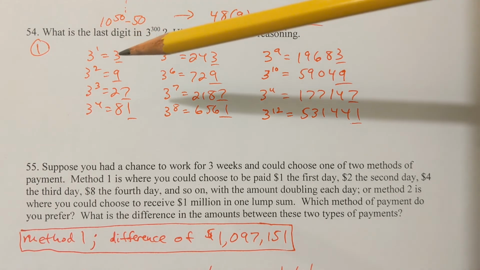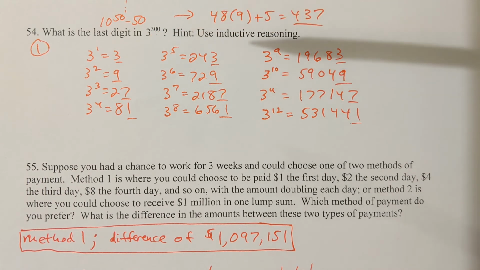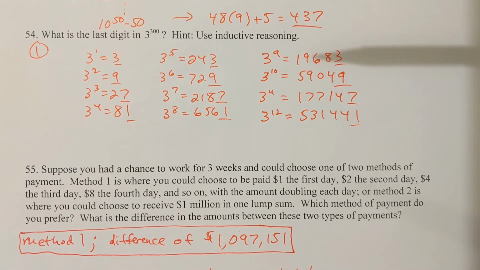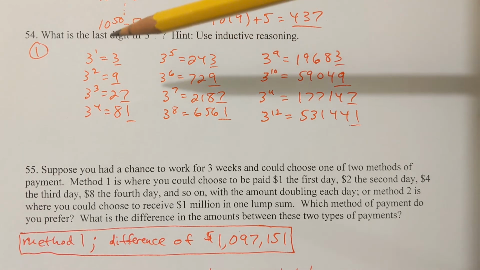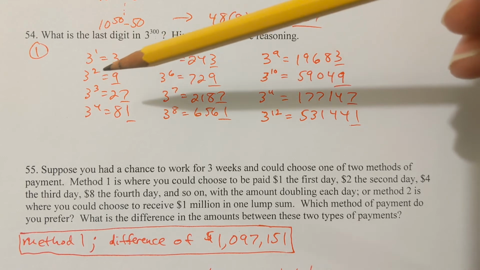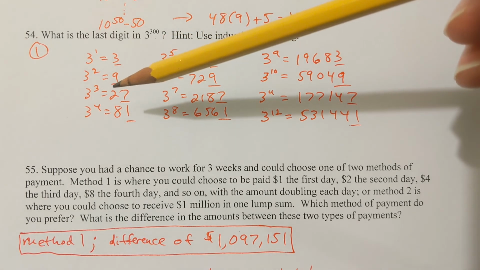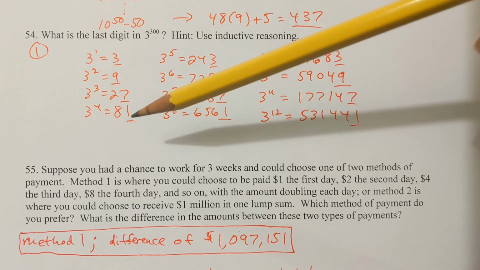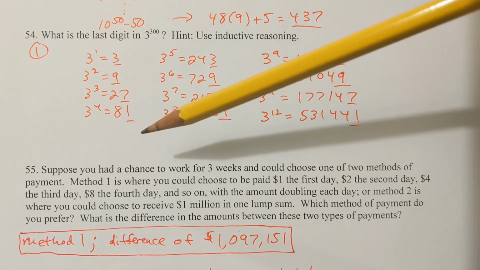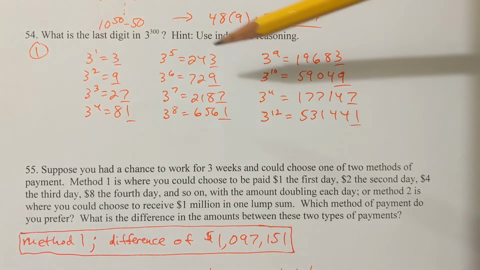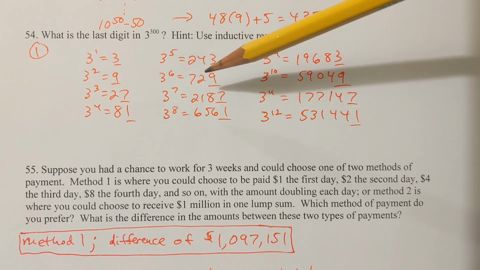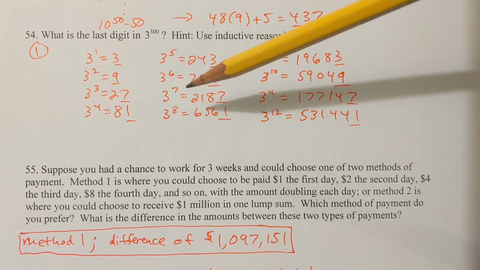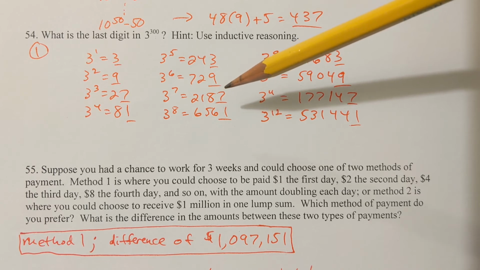So let me look at smaller exponents, ones that my calculator can handle, or I can do in my head. 3 to the 1st gives me 3. 3 squared is 9. 3 cubed, 3 times 3 times 3, gives me 27. 3 to the 4th gives me 81. 3 to the 5th gives me 243. 3 to the 6th gives me 729. 3 to the 7th gives me 2,187.